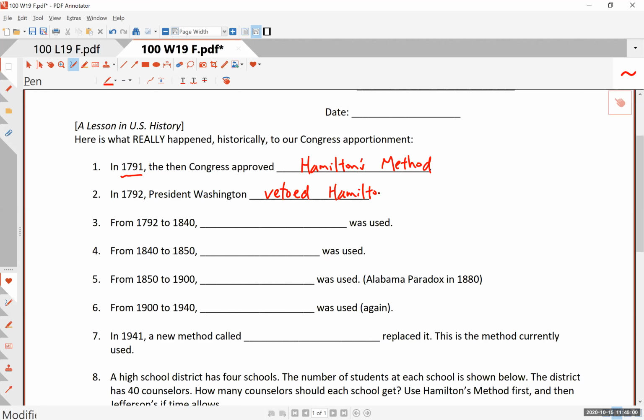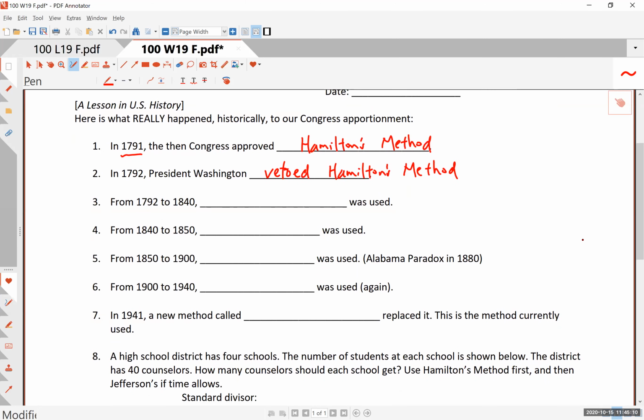This is in the historical record; he says, I have thought about this for a long time, I'm paraphrasing, and I believe that there is a better method. And of course, he was preferring his friend Jefferson over Jefferson's opponent, Hamilton. And then from 1792 to 1840, about 50 years, Jefferson's method was used.